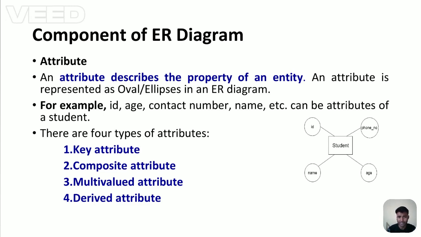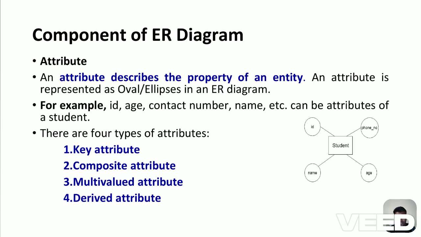An attribute describes the property of an entity. Like before I have said, an entity is something like student, employees, this kind of thing. But attributes are the data of that entity. Like if a student has student ID, student name, age, phone number, address, these are also known as attributes.